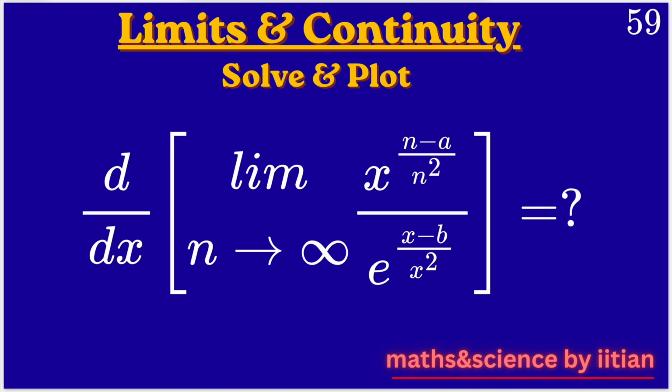In this lecture, I will be taking up a very good example on limits and continuity. Here we have to solve a typical problem in limits and continuity, and we have to plot the function, the answer. What we have to find out is d by dx of limit n tends to infinity of (x to the power of n minus a by n square) whole divided by (e to the power of x minus b divided by x square).